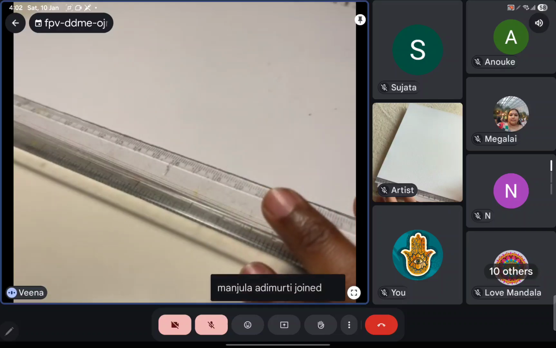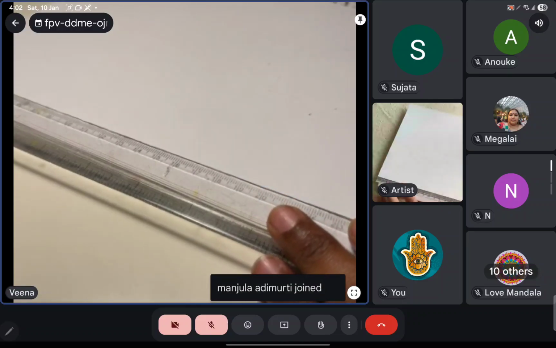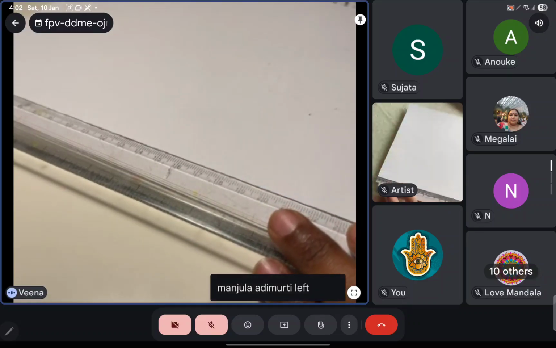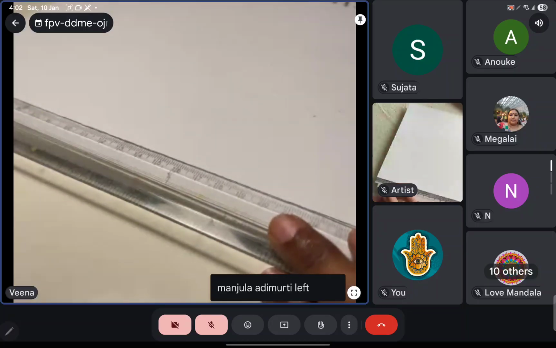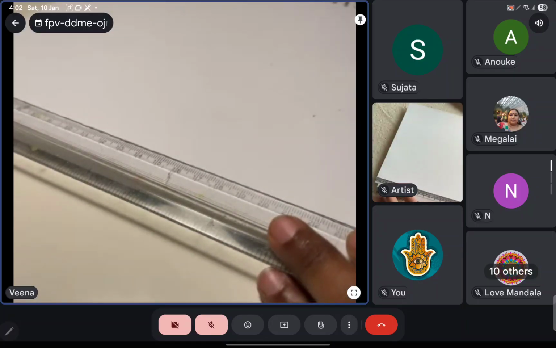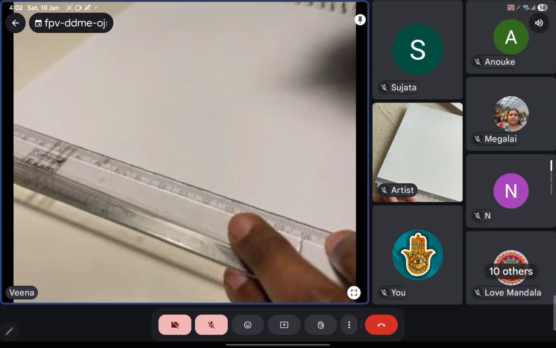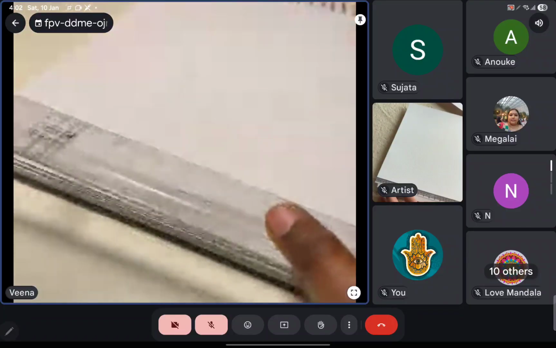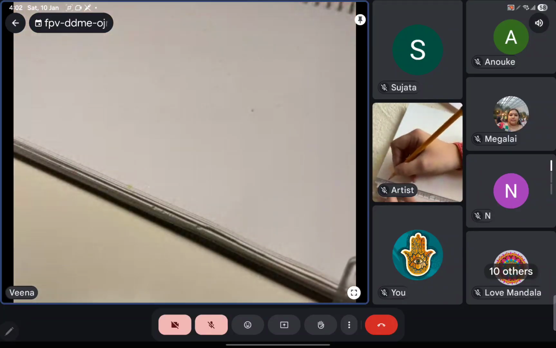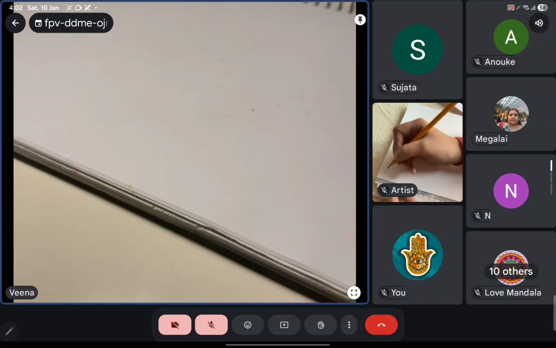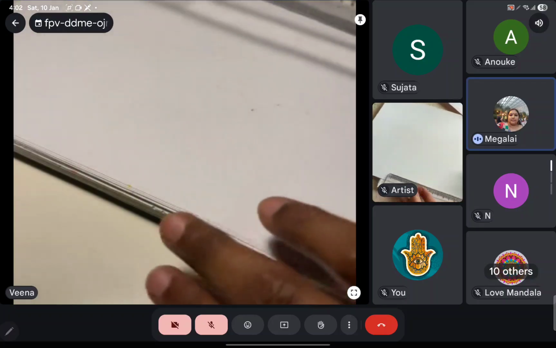So approximately 2.5. How many centimeters do we mark? 2.5.